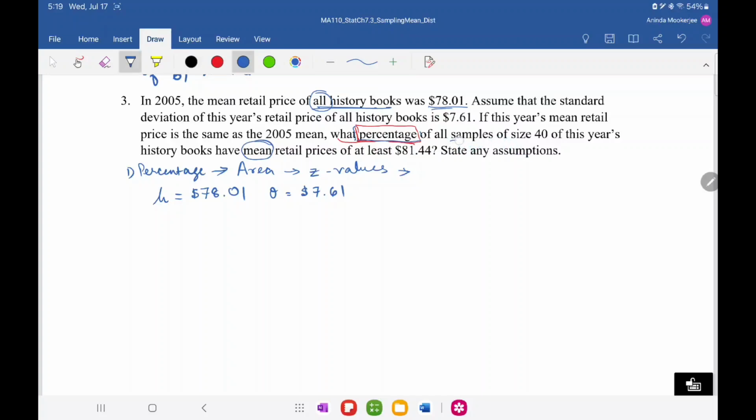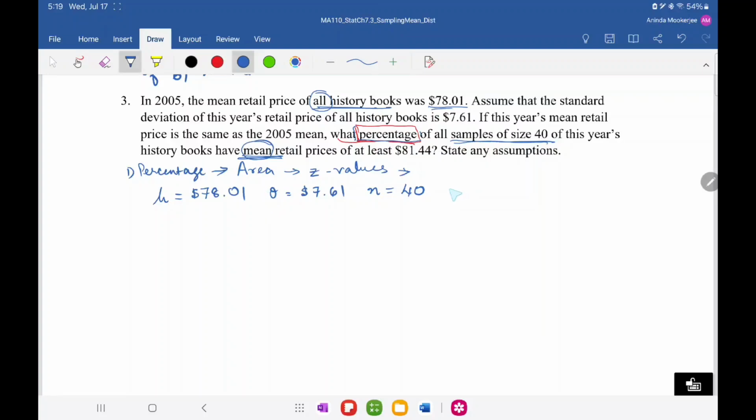They've also given us a sample size, so samples of size 40 means n equals 40. So we are not talking about values of a particular variable, but about the sample means.